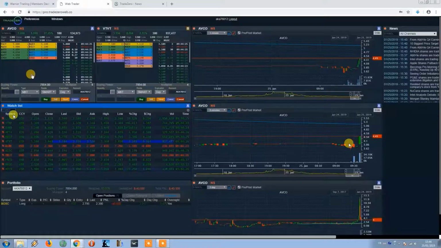So the first four stocks on my watch list here were from that particular scanner. I kept them here to watch if they would continue as soon as the market opens. The next five stocks you see are the stocks I traded or watched the day before, yesterday in today's case.